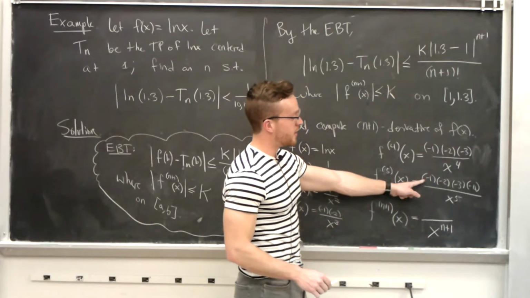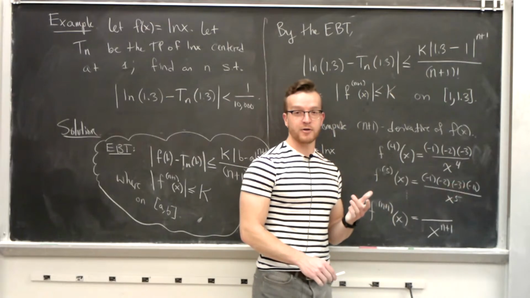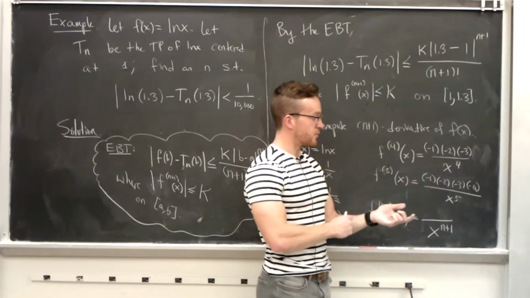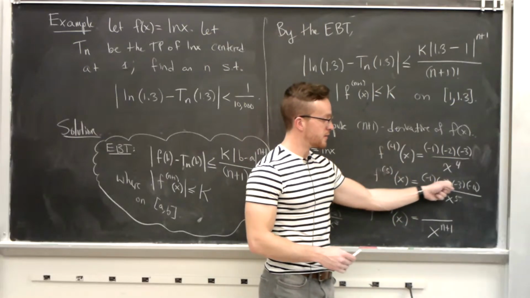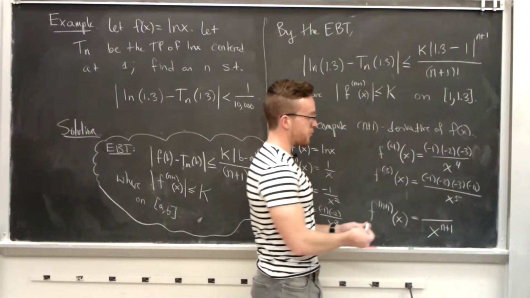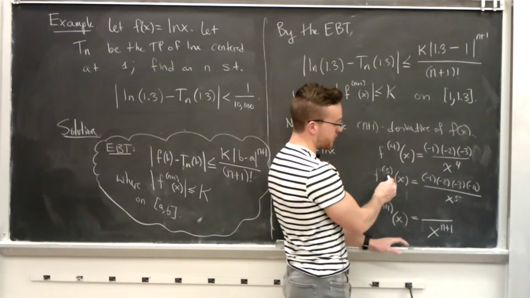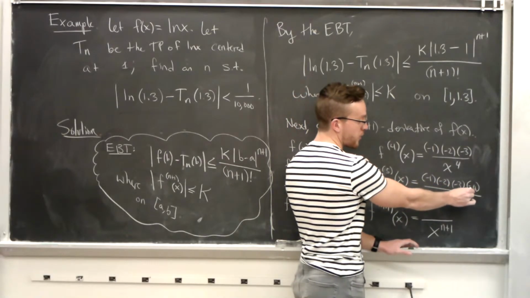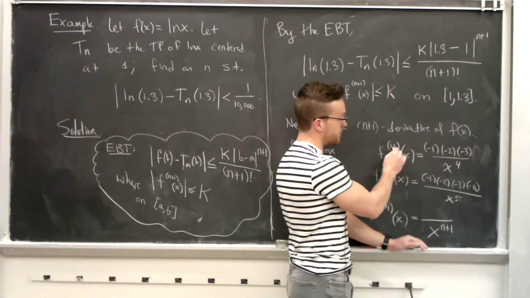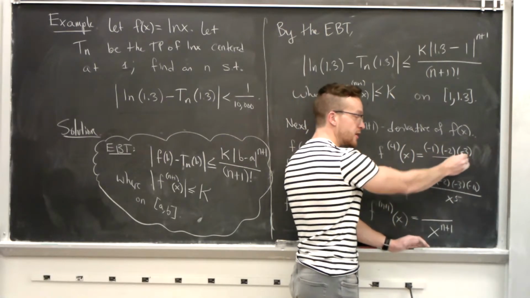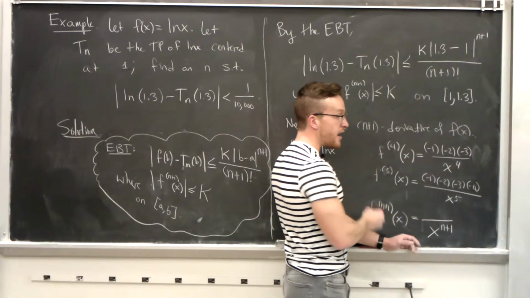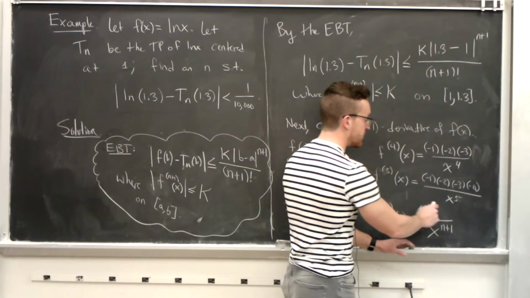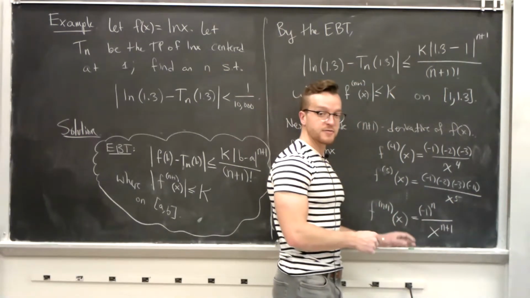In the numerator, I have something that looks like a factorial, right? There's a bunch of negative signs, though, so I think the first thing I would do is factor out all of those negative signs to leave me with a positive factorial. Now, how many negative signs do I have? When I did 5 derivatives, I get 1, 2, 3, 4 negative signs. When I did 4 derivatives, I get 1, 2, 3 negative signs. So if I take n plus 1 derivatives, I'll get negative 1 to the n negative signs.